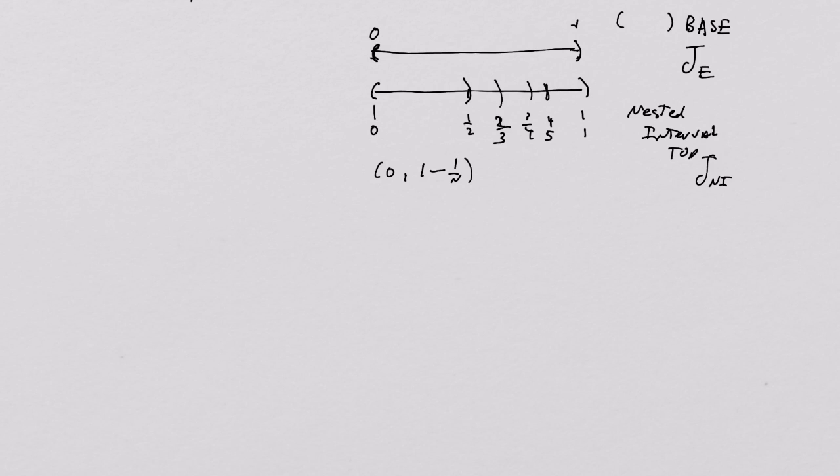And what we could say is that we could name these things differently. We could say, well, this is the usual line, and this could be the nested line, right?